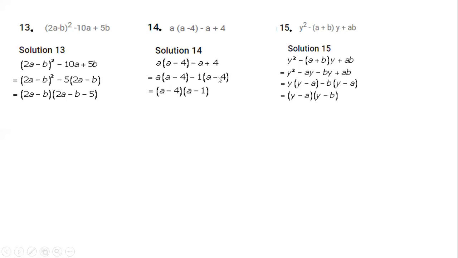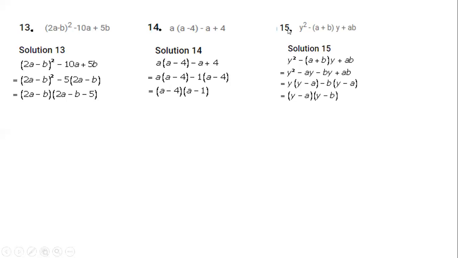So a minus 4 is the common quantity. So take it out. From the first term, we are left only with a, minus as it is. From the second term, 1. To avoid the confusion, I have just written 1 here because 1 multiplied by something is that thing itself. So our answer is a minus 4 into a minus 1.